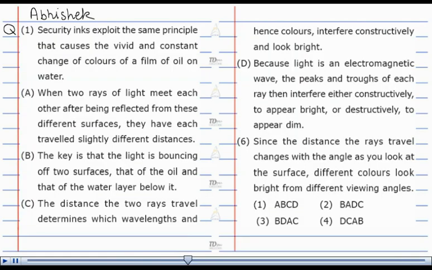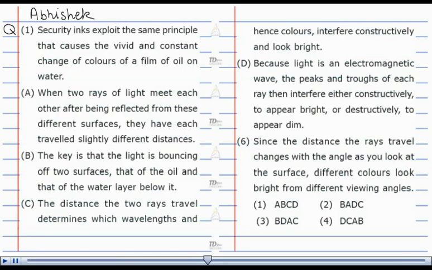Solution. The first link that we obtain on reading these sentences is 1B. That is, statement B should follow statement 1. Let us see how. Statement 1 mentions that security inks exploit the same principle that causes a vivid and constant change of colors of a film of oil on water.